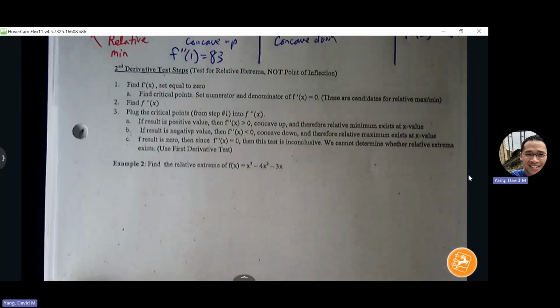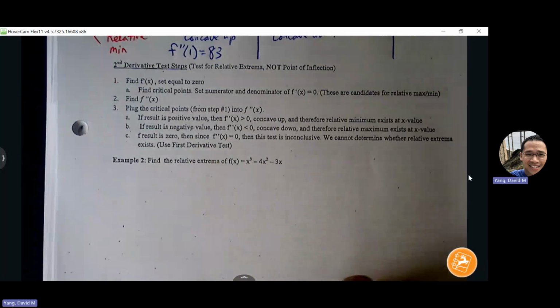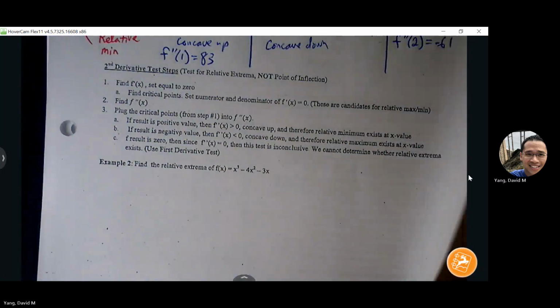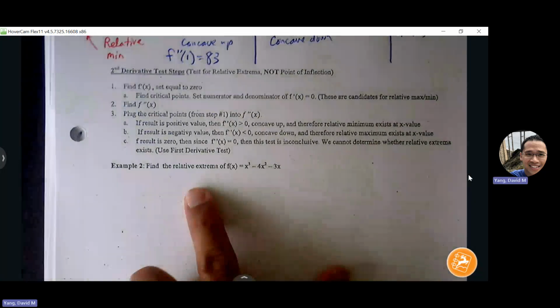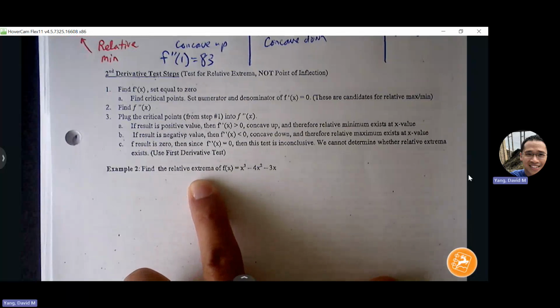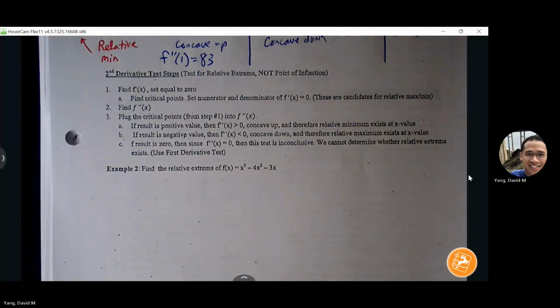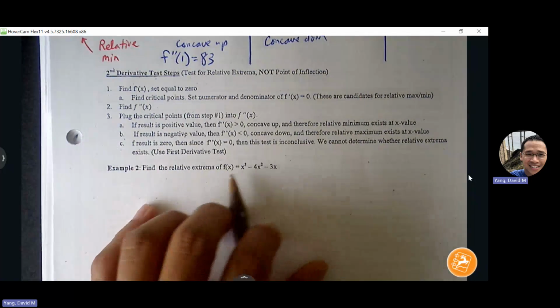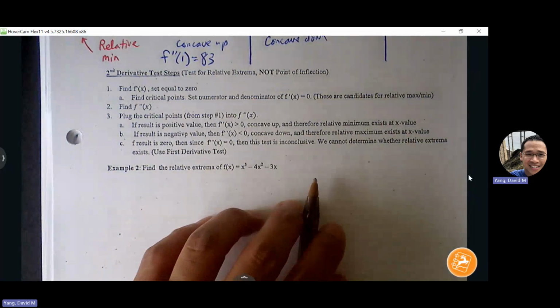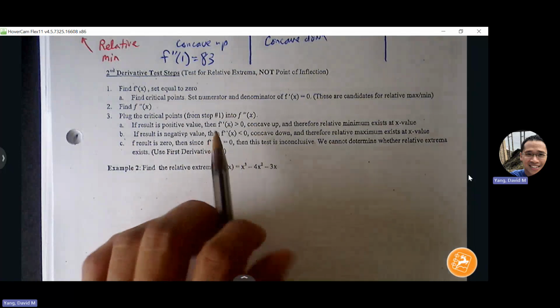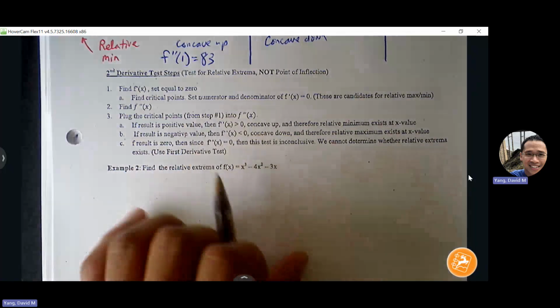So let me do an example, not 23. Second derivative test, page 23, example 2. It says find the relative extrema using the second derivative test. So we're not going to go through the sign line, but we're still going to do the same steps initially as first derivative test.